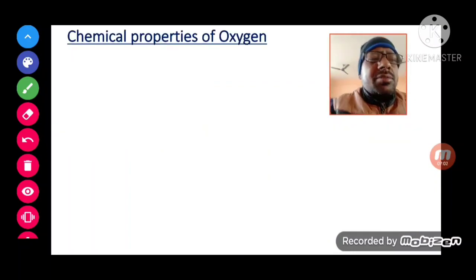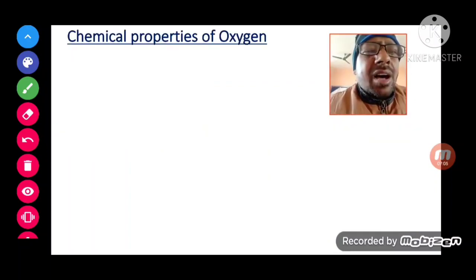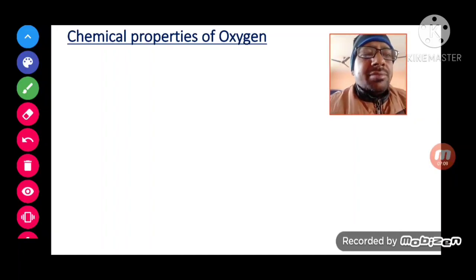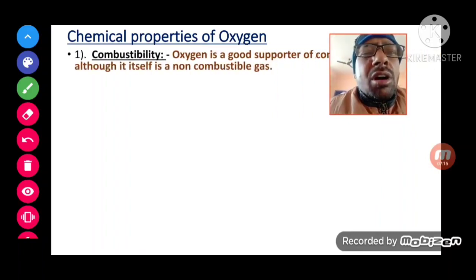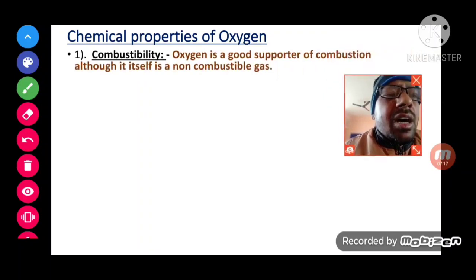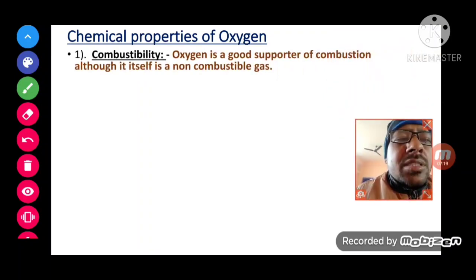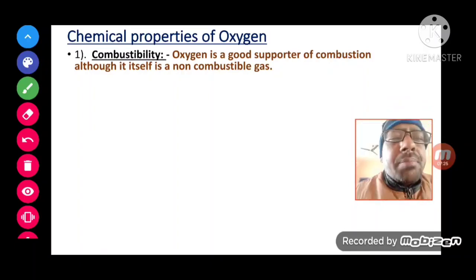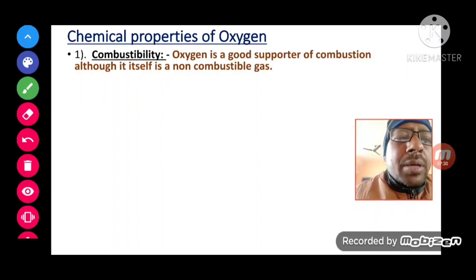Now, next topics are chemical properties of oxygen and respiration and oxidation. Let's start. We'll talk about what is combustibility. The combustibility, the oxygen is good supporter of combustion, although it itself is not combustible.